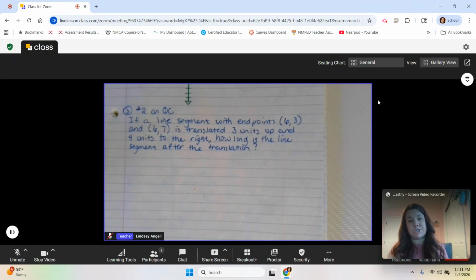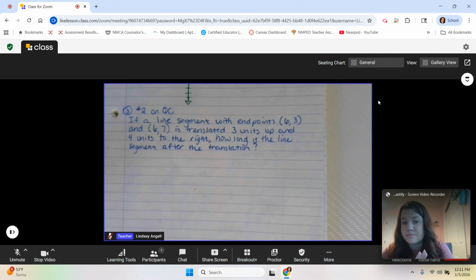Number 3, this is number 2 on your quick check. If a line segment with endpoints (6, 3) and (6, 7) is translated 3 units up and 4 units to the right, how long is the line segment after the translation? Now I am going to show you this just as extra practice to show you examples of translation, but remember from the definitions from earlier, a translation is just a slide, where we're pushing it from one location to the next.